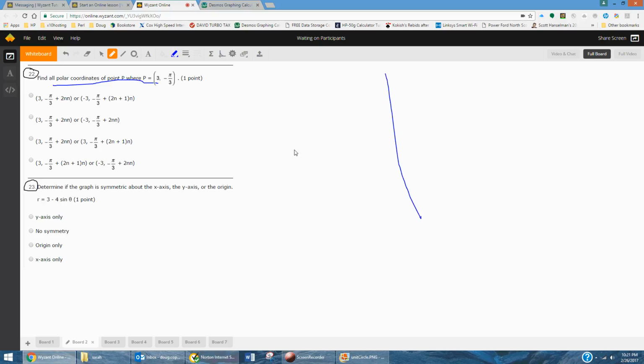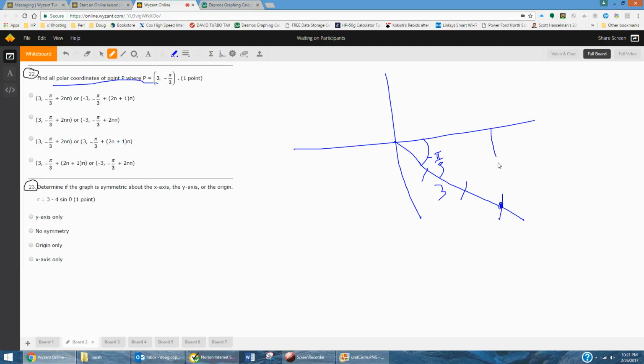It means we rotate in the negative direction pi over 3 units. So this is negative pi over 3. And we go out 3. So this distance is 3. They want us to find all the polar coordinates of this point.